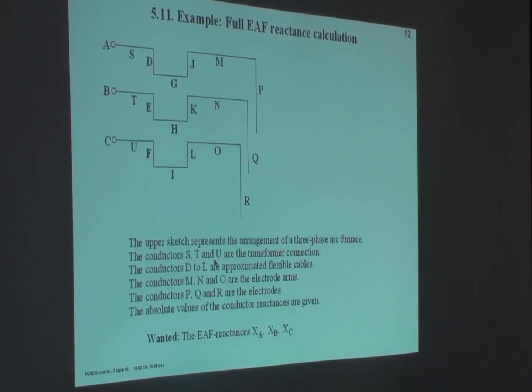The next one is SP. What about SP? Zero. Okay, zero. It's perpendicular. It's zero. Minus, you say? No, I will write minus 2 times XDJ.